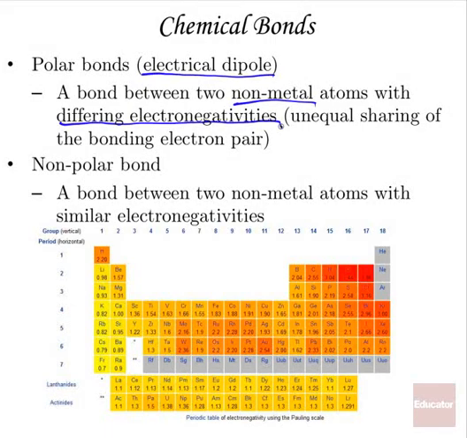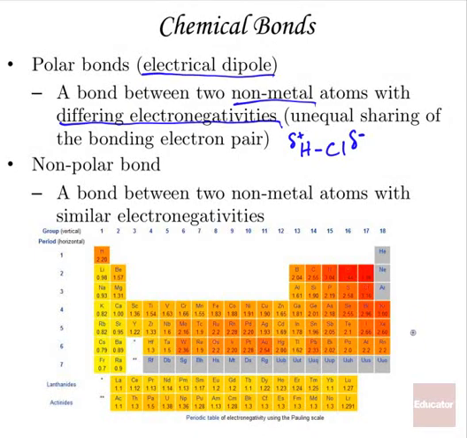Okay, so let's say for an example, one of the examples is hydrogen chloride. Okay, yes, they have just a bond right there, but what we actually find is that the chlorine atom actually has a partial negative charge, whereas the hydrogen atom has a partial positive charge because the electrons are being pulled by chlorine because it has a higher electronegativity.